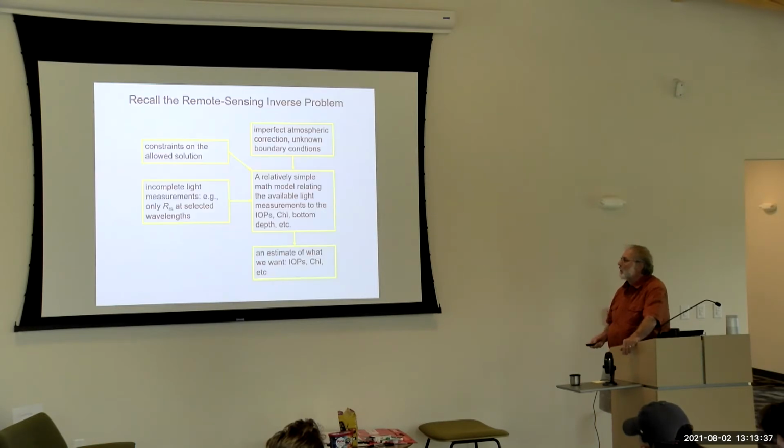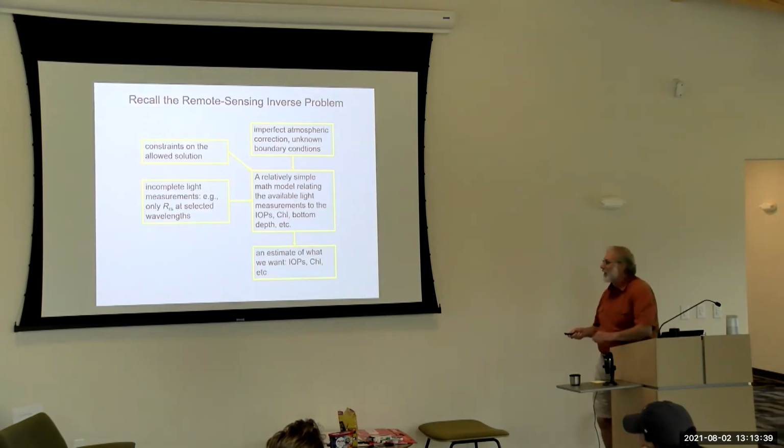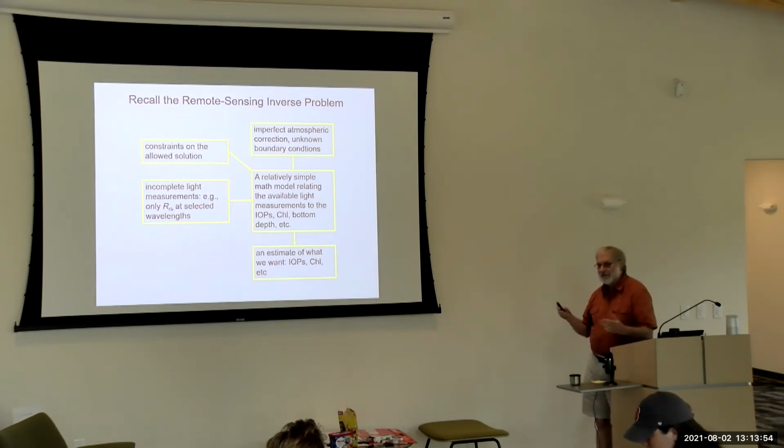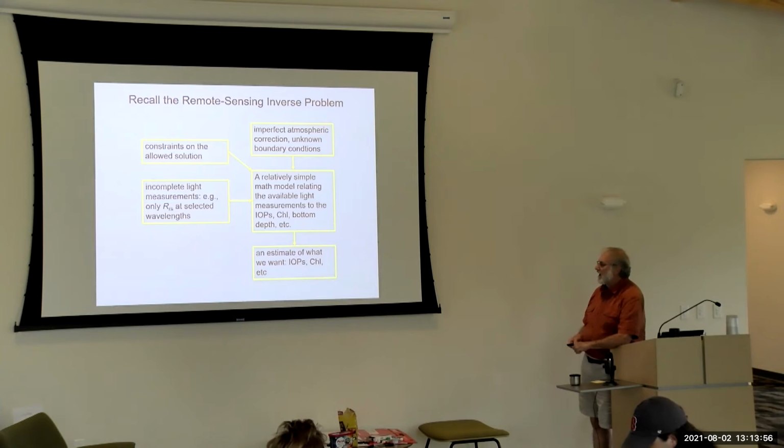Okay, so you kind of recall this plot where it's sort of the outline of the remote sensing or inverse radiative transfer problem, where you have incomplete light measurements. Maybe all you have is remote sensing reflectance spectra. That's what's coming back from your satellite, and you don't have all these other radiance measurements and irradiances and all of that.